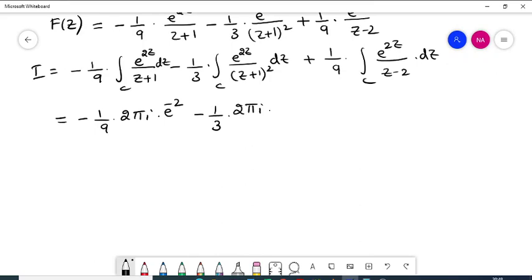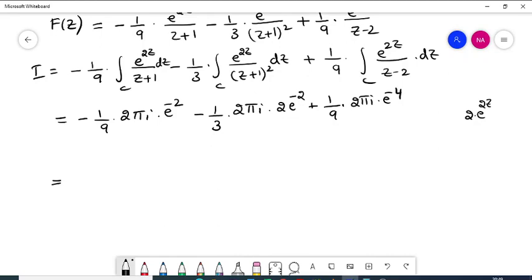So e power 2z differentiated gives 2 into e power 2z. So 2 into e power minus 2, minus 2 plus 1 by 9 into 2 pi i e power minus 4, e power minus 4.